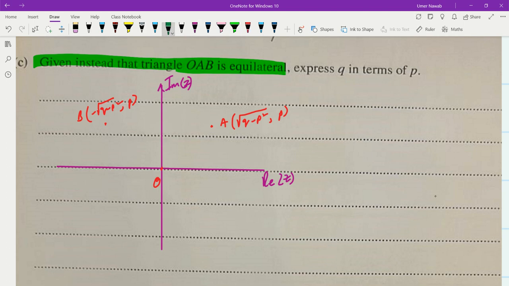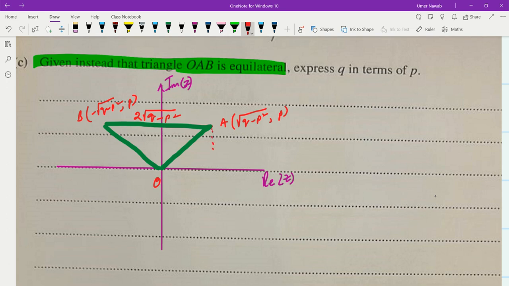Now, as per the examiner, I want to prove that this triangle is an equilateral triangle. As per geometry, for an equilateral triangle, any condition can be used by the student to show the examiner that this is an equilateral triangle. So this is clear, this length is 2 square root of q minus p squared, and this length can be easily found out by using Pythagoras.